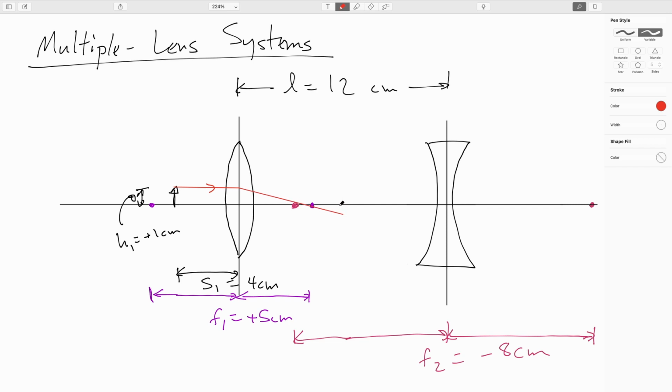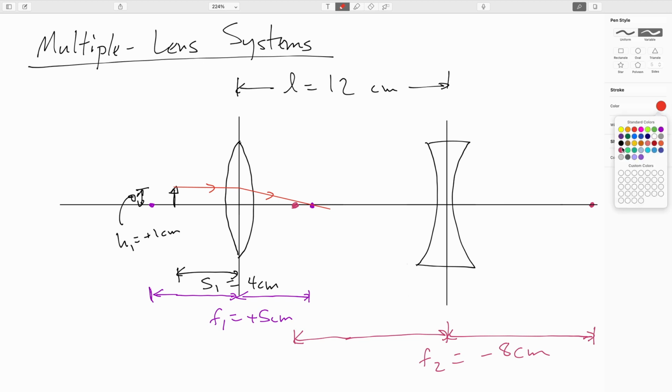Now notice here that I am not drawing the ray all the way. I'm just going to be drawing it enough to locate the image, and this is just because I want to reduce clutter. Of course, this ray is going to pass through this lens, but since it isn't one of the 3 special rays, it's not going to be too helpful for us.